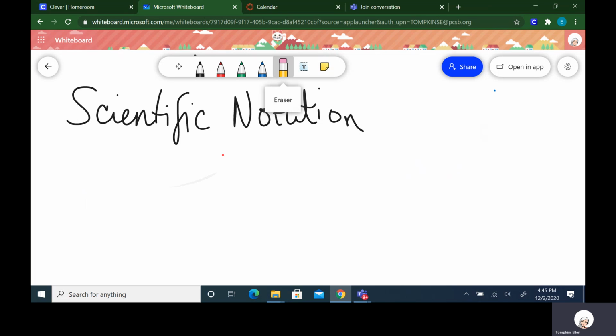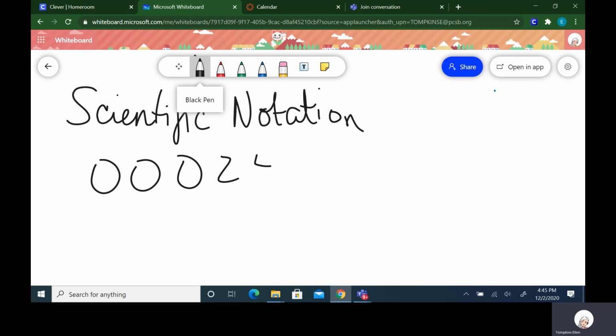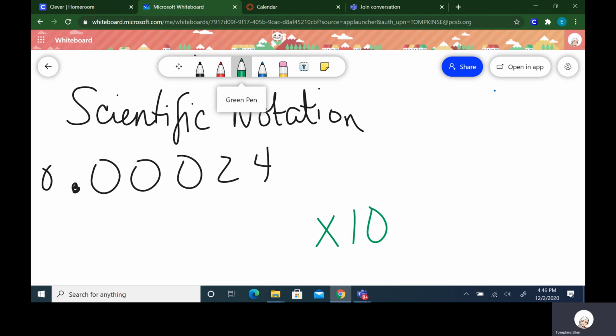Let's look at a negative exponent. So 3, 0, 0, 0, 2, 4. That's a small number. So for this one, I already know I need 10 to a power. It's a tiny number. It's less than 0, or less than 1, excuse me.